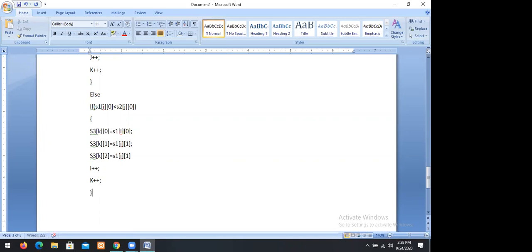When the first matrix row number is smaller than the second matrix row number, move the first matrix values to the result. Else, move the second matrix values to the result.